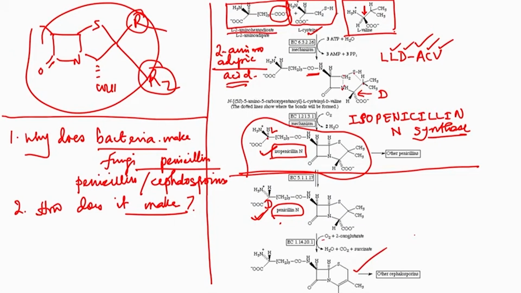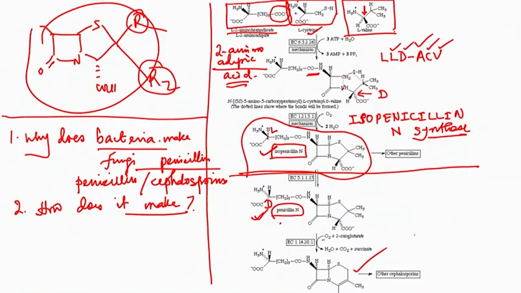So, that means penicillin and cephalosporins are two sisters or brothers, whatever you say, and they belong to the same class and start from the same molecule. So, that is the tripeptide which is formed from 3 amino acids. Only interesting is that L-valine gets isomerized to D-valine.